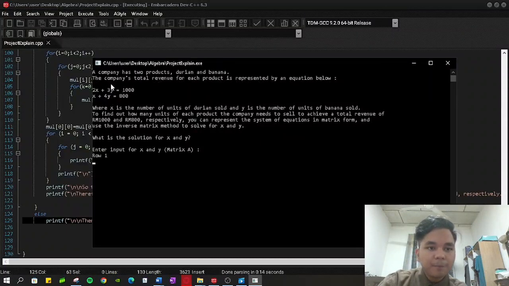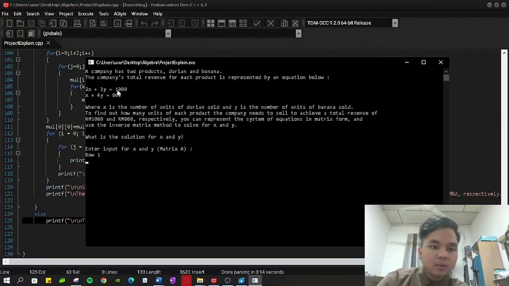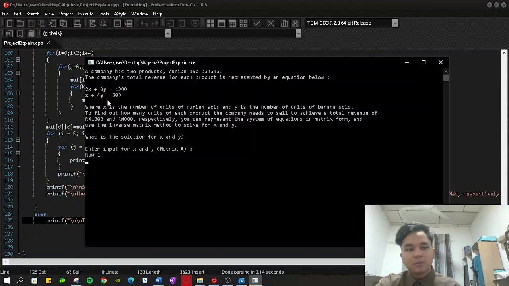Okay, a company has two products, durian and banana. The company's total revenue for each product is represented by the equations below. 2x plus 3y equals 1000, x plus 4y equals 800, where x is the number of units of durian sold and y is the number of units of banana sold.